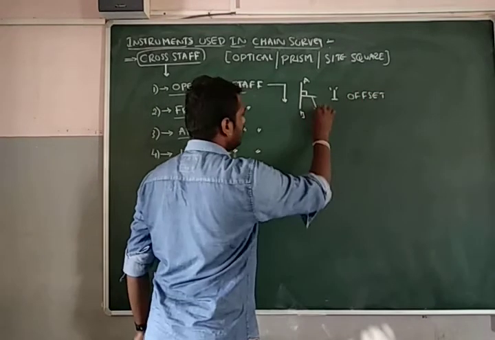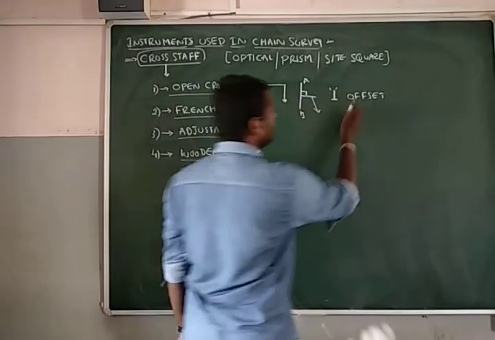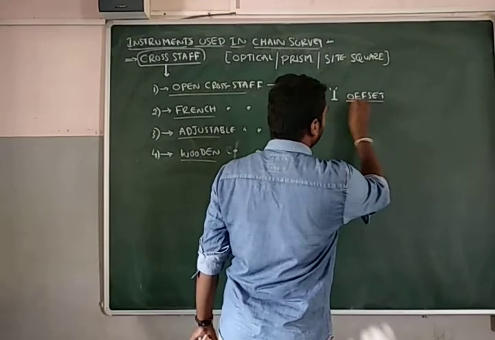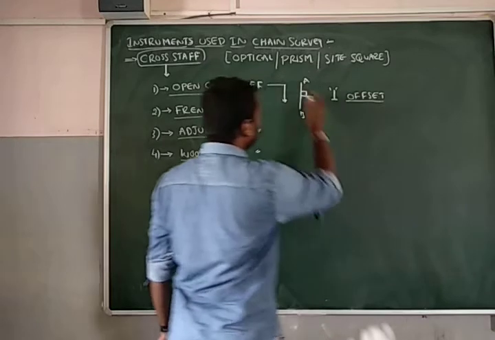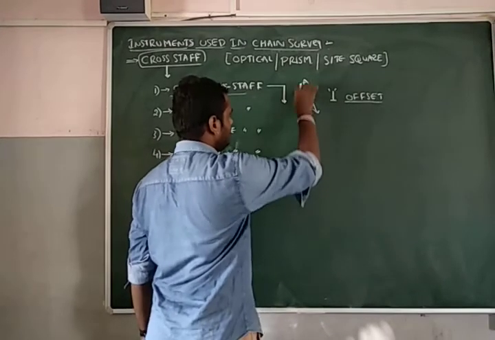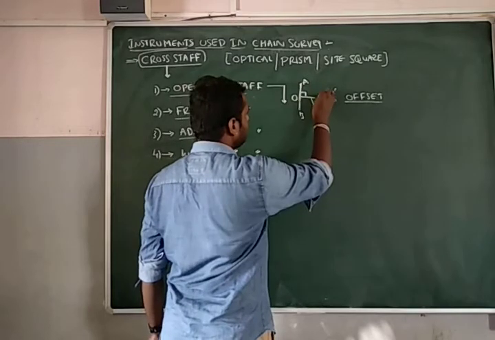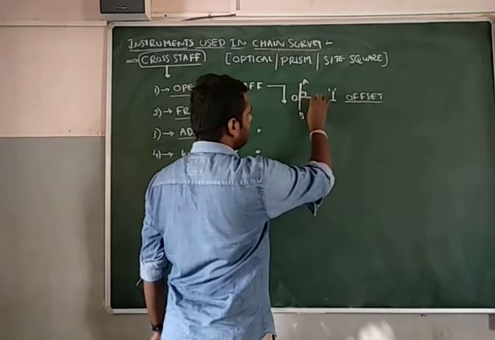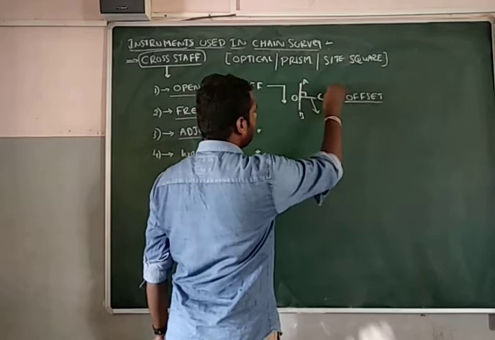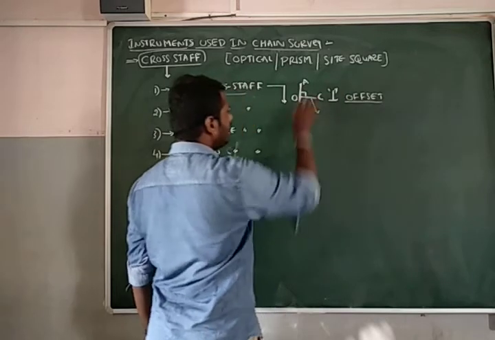This line is known as an offset. An offset is nothing but a line drawn perpendicular to an already existing line. Let us take this is O and this is C. OC is the perpendicular offset to the line AB.